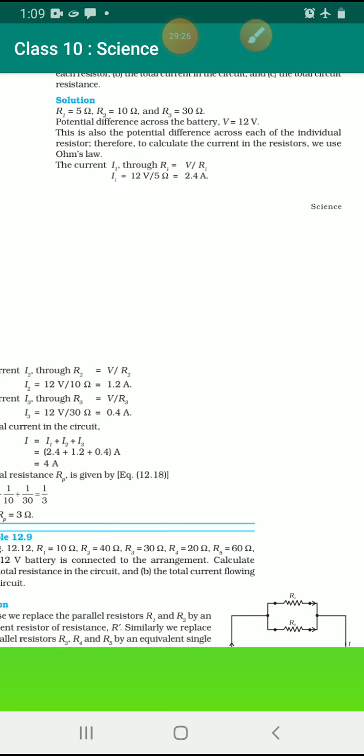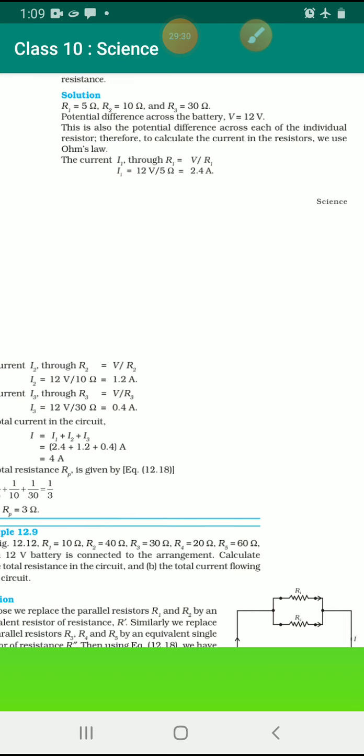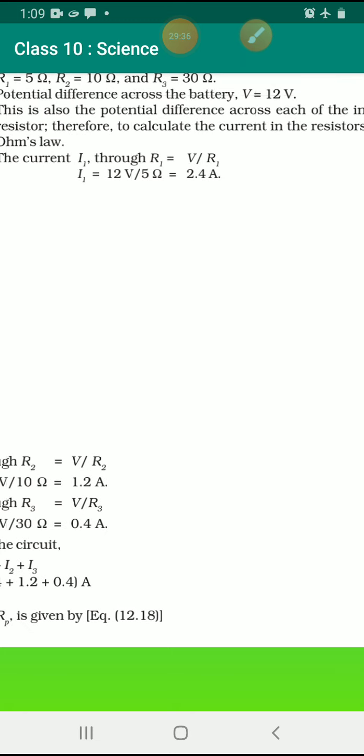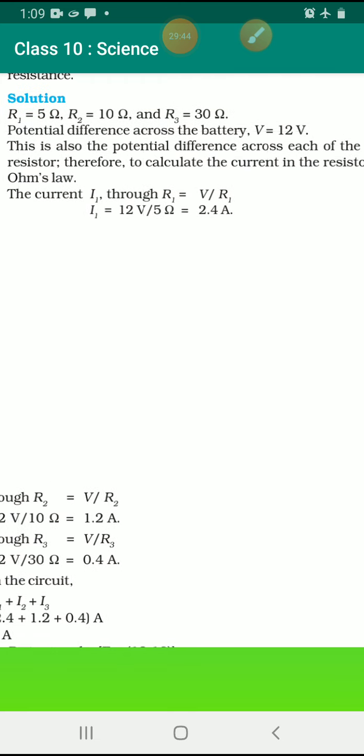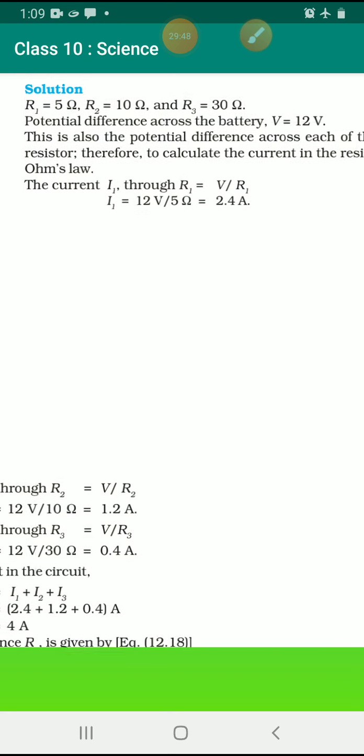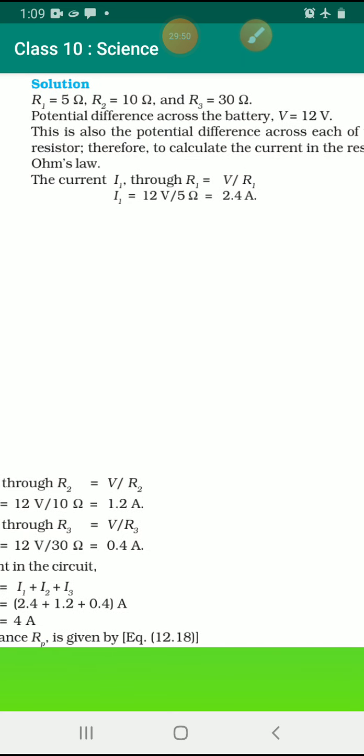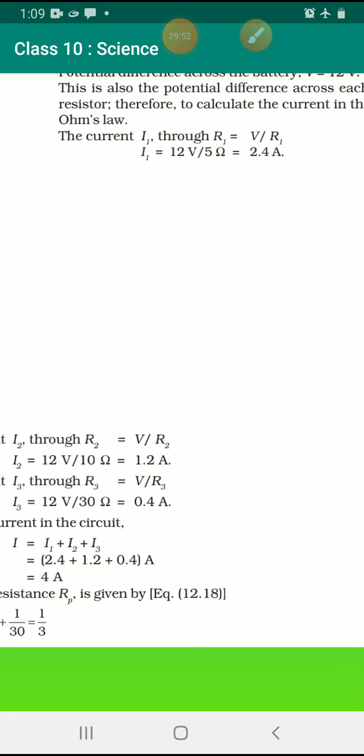Therefore, to calculate the current through the resistors, we use Ohm's law. So I1 is equal to V by R1. V is 12 volt, and R1 is 5 ohm, so 2.4 ampere current.